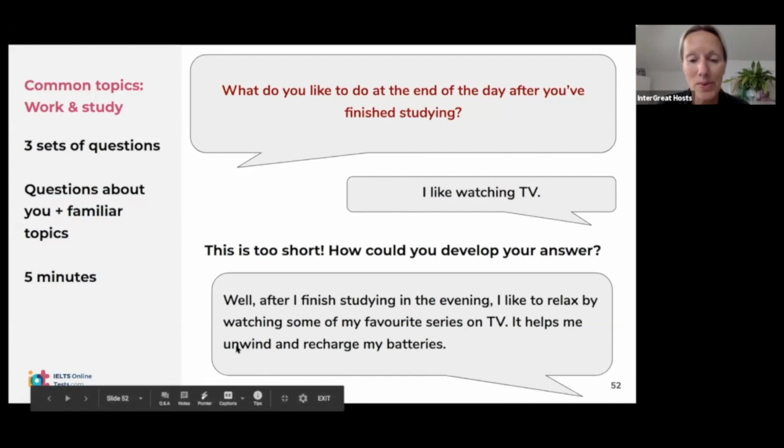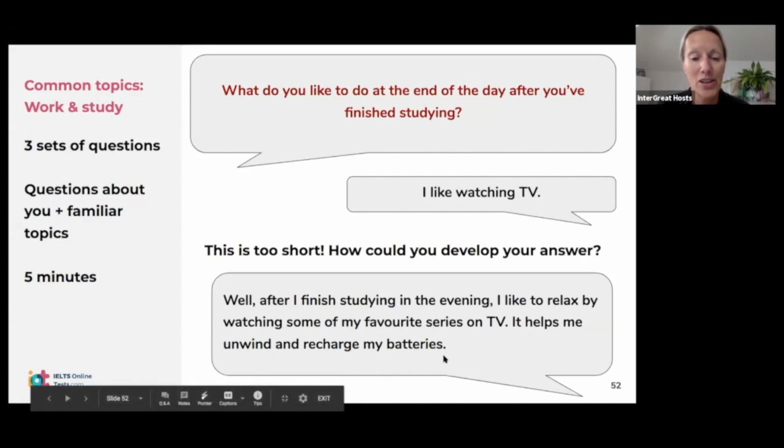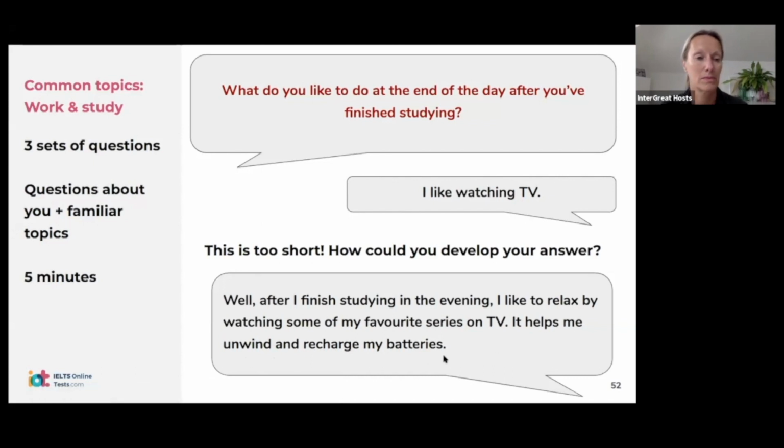So unwind, what does unwind mean? It just means to relax. That's right. And recharge my batteries, what does that mean? Recover, get energy. Good, nice explanation. That's right.